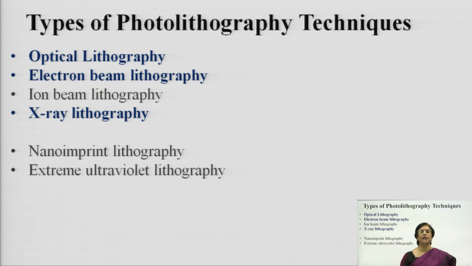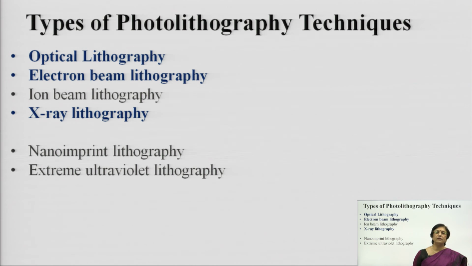So, what are the different types of photolithography processes? As scaling is reducing the feature size, there are multiple difficulties appearing, and the basic limitation of optical lithography is because of the wavelength, and then the scattering, diffraction and other issues, which are limiting the pattern transfer using optical lithography.